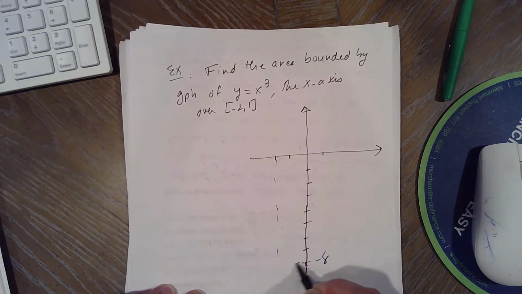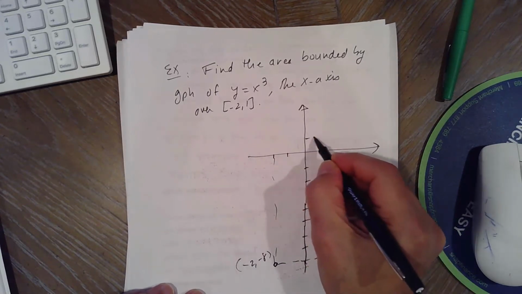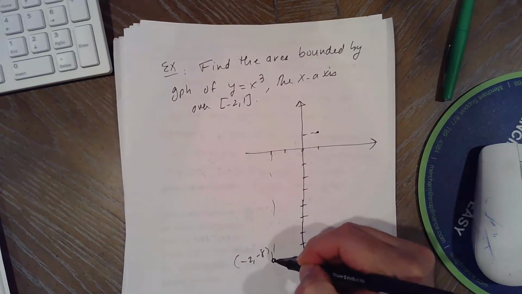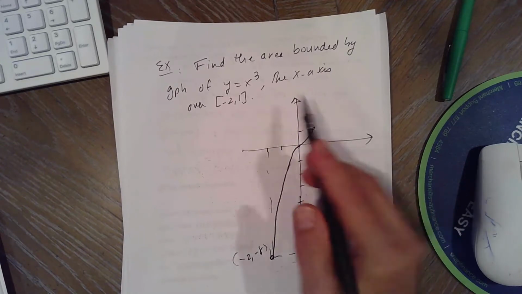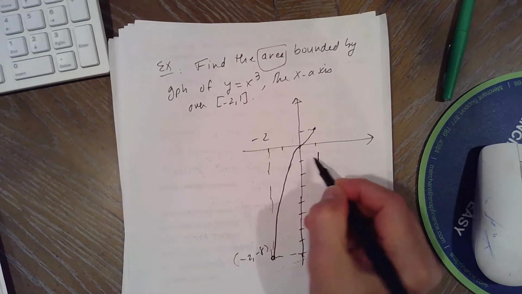At -2 we have -8, at 1 we have 1, and at 0 it's 0, so we're getting something like this. Since we want an area, if we do -2 to 1, we get the definite integral.